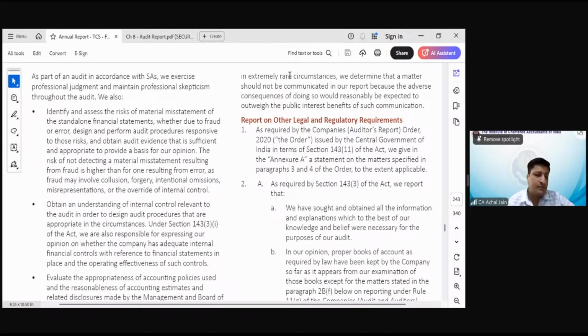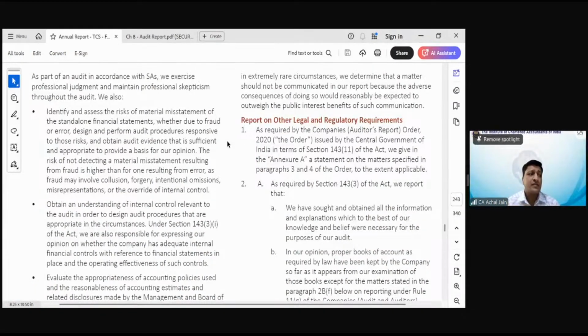So what is CARO? There is the Companies Auditor's Report Order 2020, issued by the central government as per the requirements of section 143 subsection 11 of the Companies Act, wherein there are two paragraphs, para 3 and para 4. You can say it's a kind of checklist.